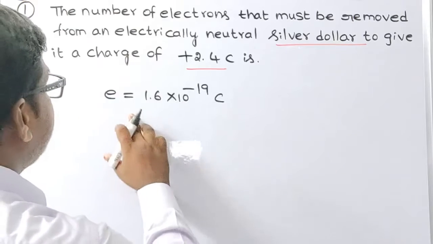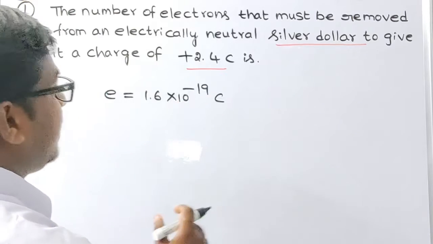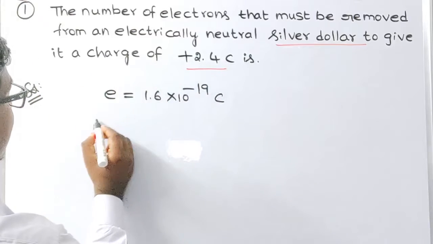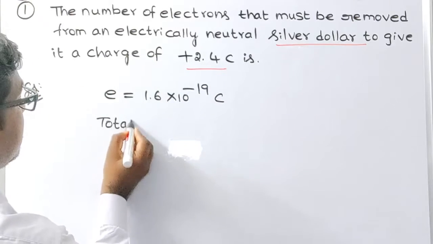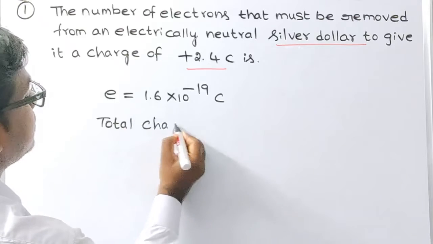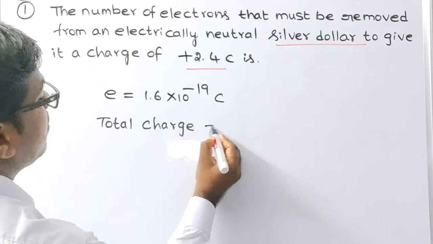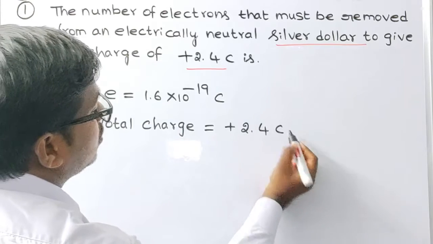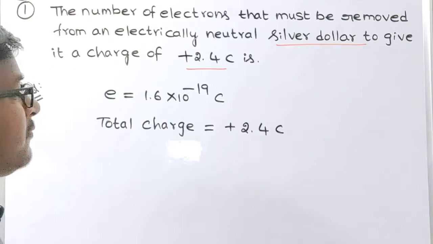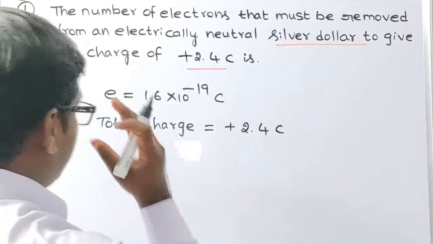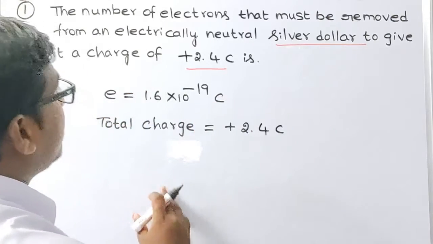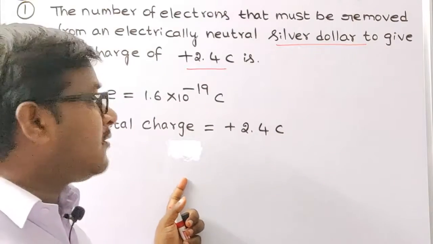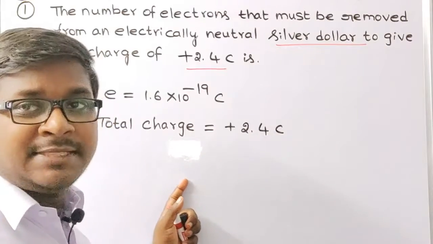The total charge is equal to plus 2.4 coulomb. The charge is quantized, and the formula is Q is equal to plus or minus Ne.